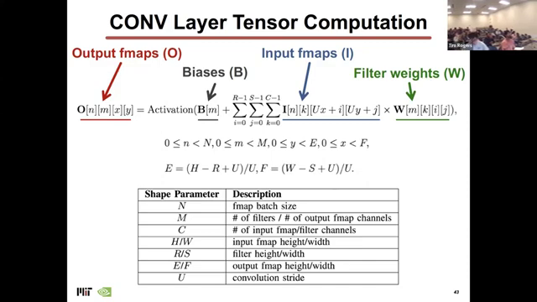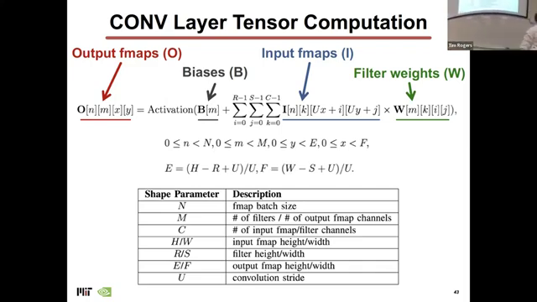You're moving the filter with I and J. And as you move across X and Y, you are not moving the filter, right? So X and Y are moving across as you move each window step. That's what the U is. You're multiplying by U here because that's the step size as you move through the input.